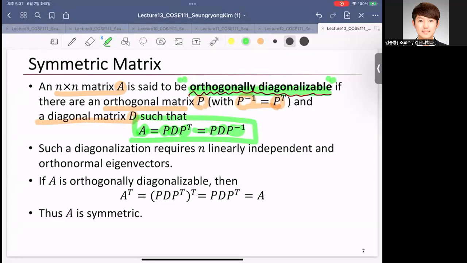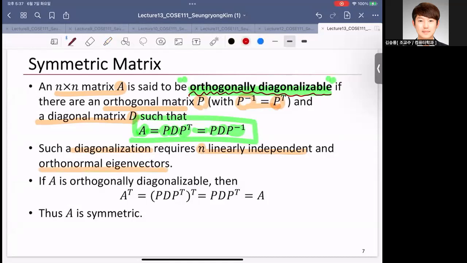This is a specific factorization for the symmetric matrix. Such a diagonalization requires n linearly independent and also normal eigenvectors.